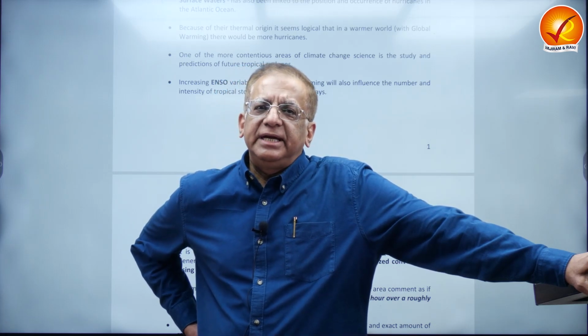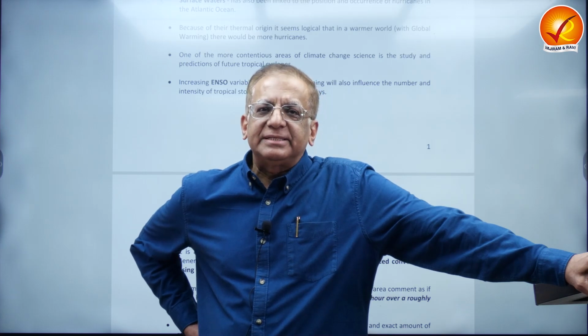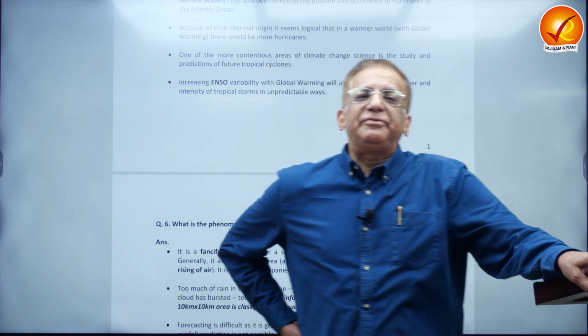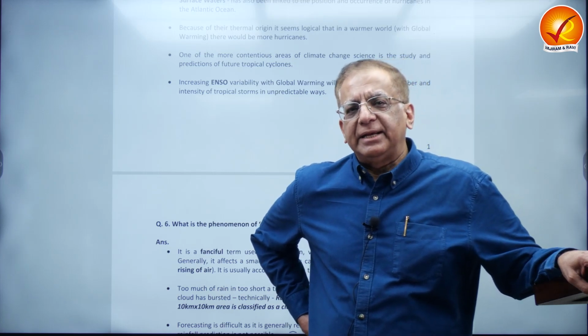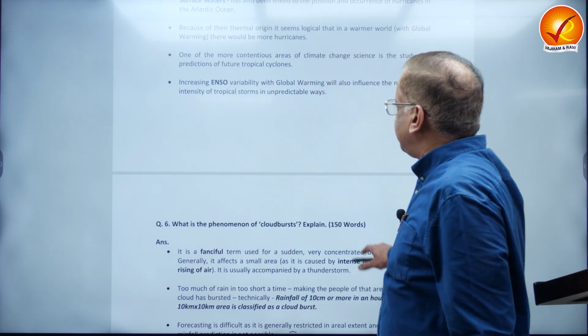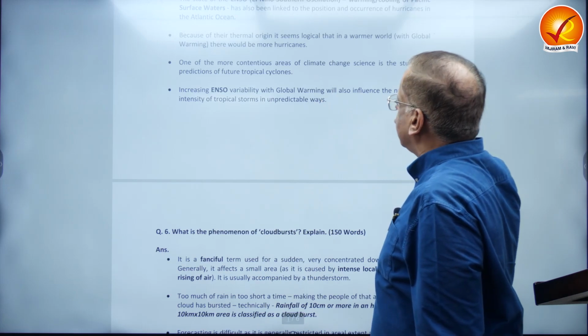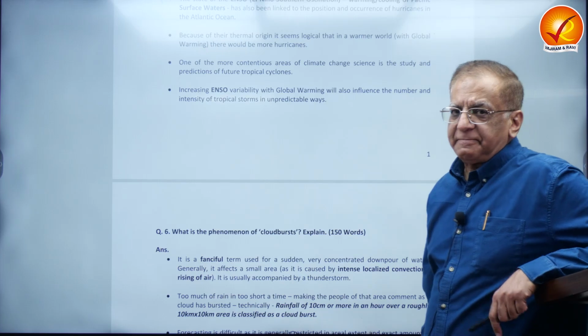It would become further difficult because of climate change complexities and the related aspects of El Nino, Indian Ocean dipole, Madden-Julian oscillations, in deciding what kind of final picture we can have for the tropical cyclones. So at the end I write here that increasing ENSO variability with global warming will also influence the number and intensity of tropical storms in unpredictable ways.